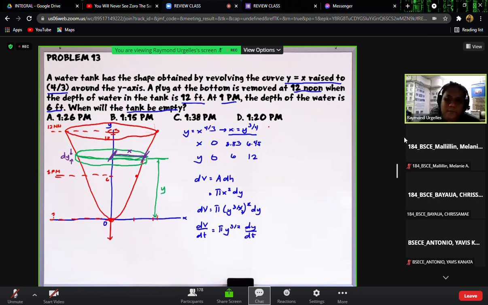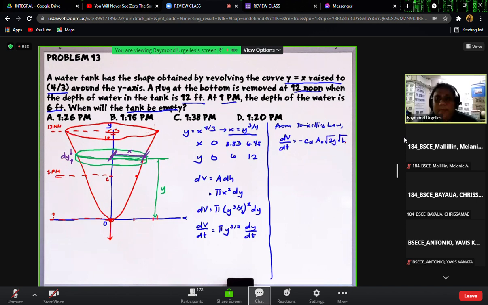But from Torricelli's theorem, alam natin, Torricelli's law. Okay? So alam natin na yung dv dt, remember, this is discharge. Nagdi-discharge tayo, so kaya negative yung gagamitin natin. So this is negative coefficient of discharge, area ng orifice, square root ng 2g, square root ng height.